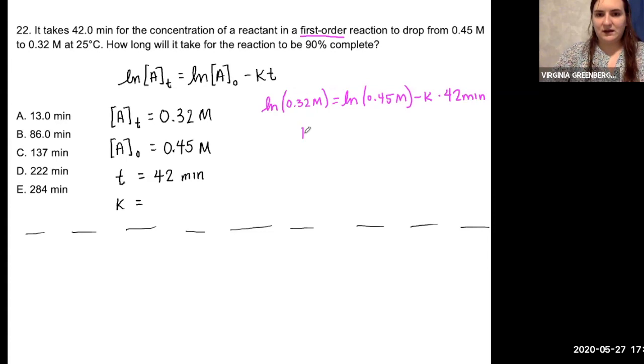So then I can go ahead and use that equation to solve for K. And I find that it is 8.12 times 10 to the negative 3. That is going to be minutes to the minus 1.